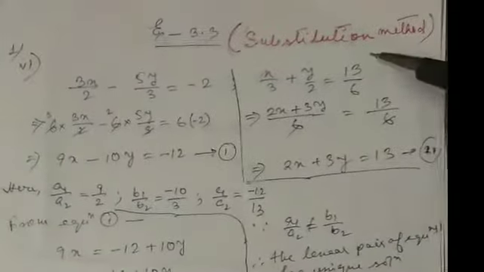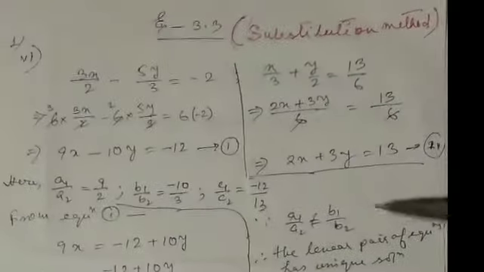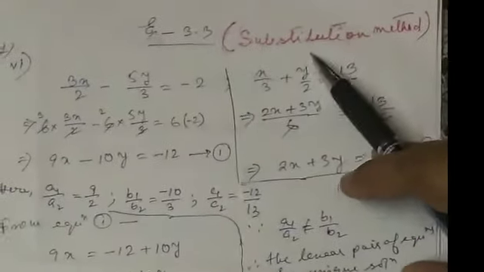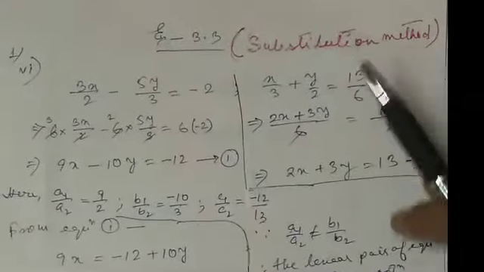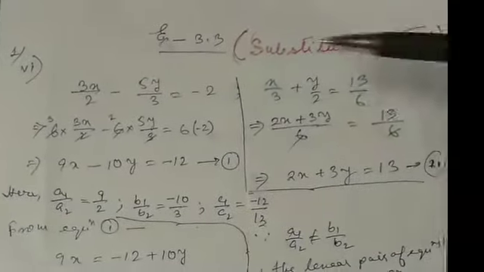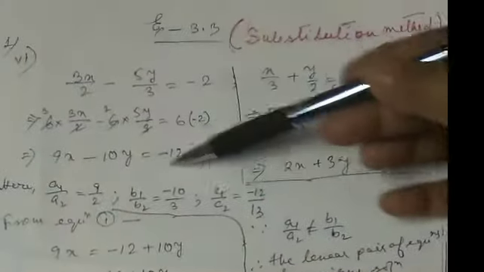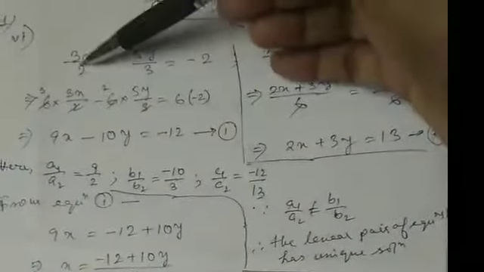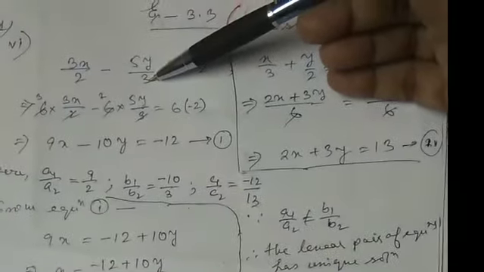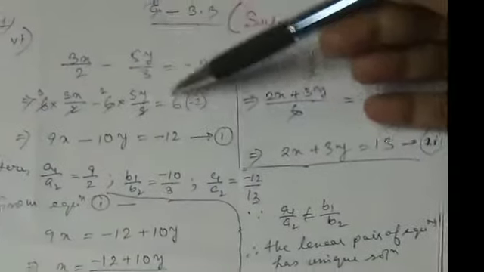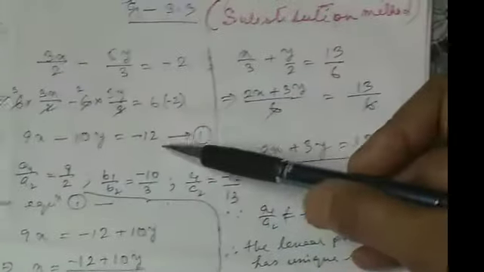So let's start. Three sums from three different methods. You try to understand. It was already done. Substitution method. What do we do in case of substitution method? First, we need to make it a linear equation. As there are numerical numbers, I have done some calculations so that it comes in a linear form.